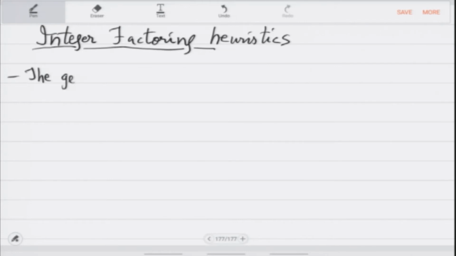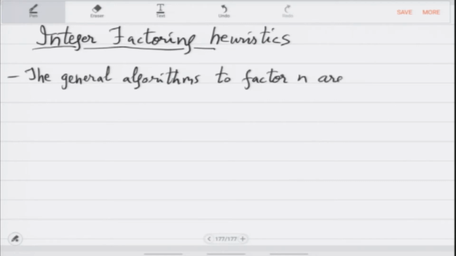So the general algorithms to factor n are slow, in fact very slow.